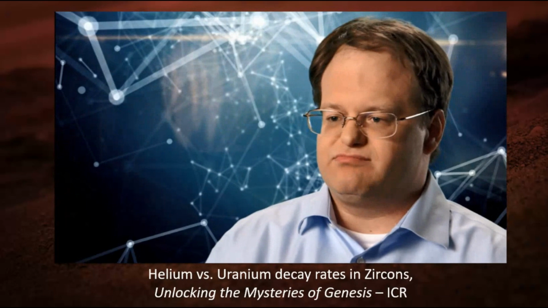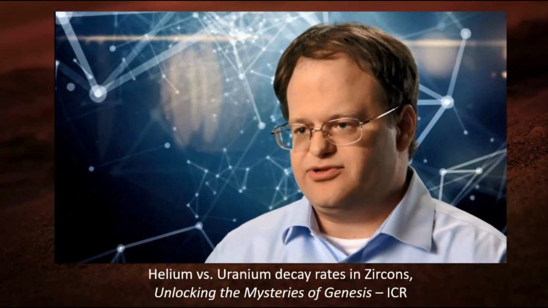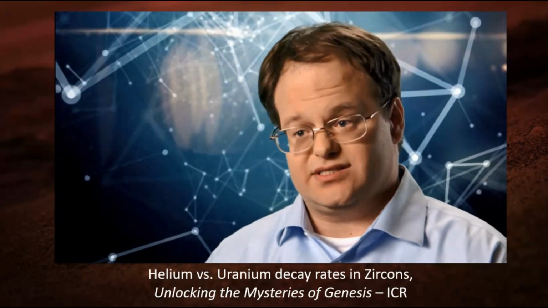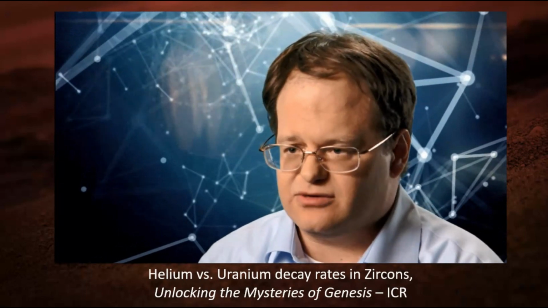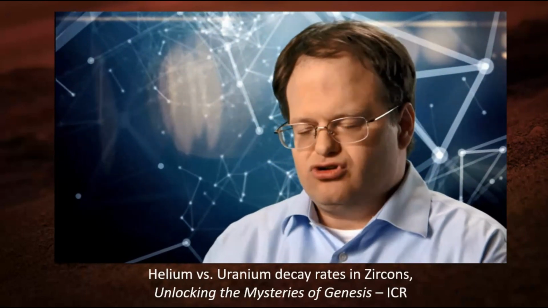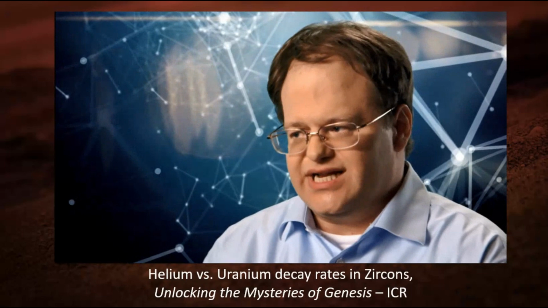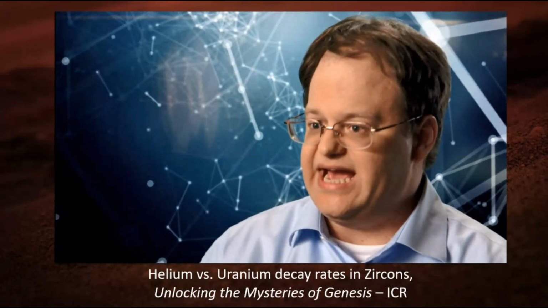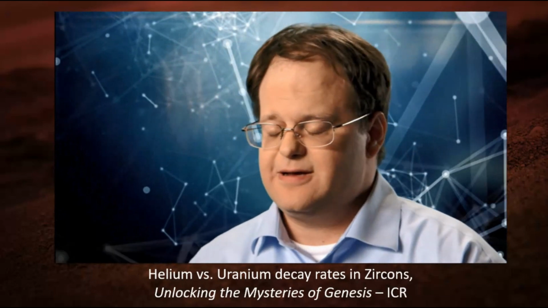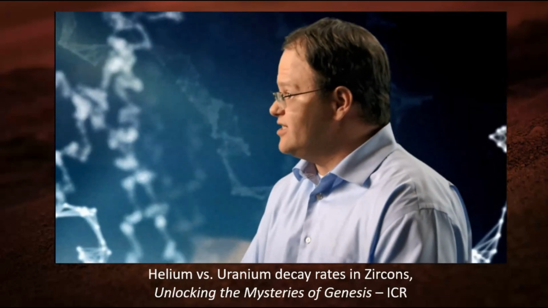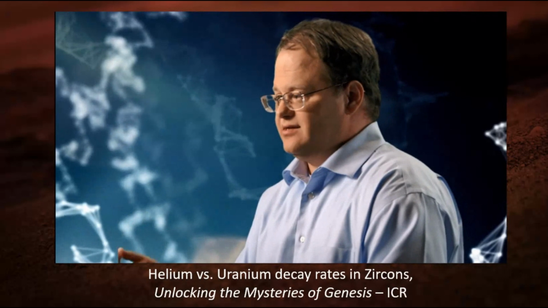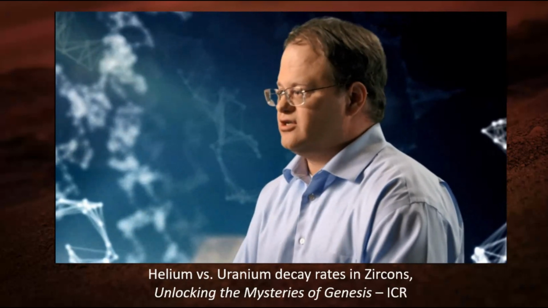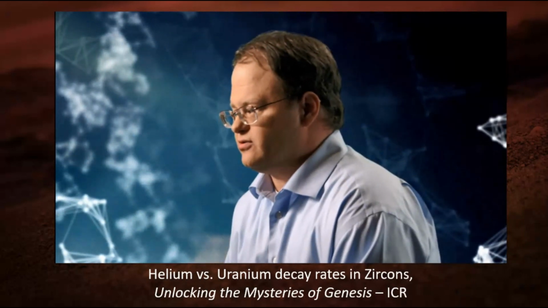And it goes through this multi-step process where that uranium-238 is transformed into lead, a particular isotope of lead. Now, if you look, for instance, at the amount of lead in the zircons, you can figure out how many years of decay that would be at today's rates. And it's about 1.5 billion years. So if you're looking at the lead in the zircons, you would conclude that it's about 1.5 billion years old.